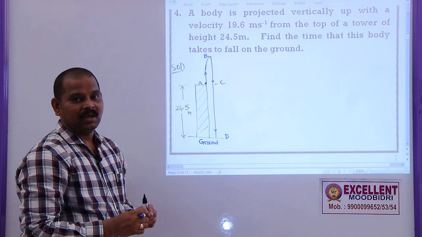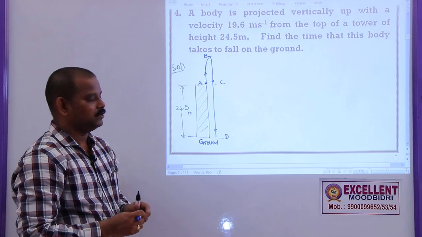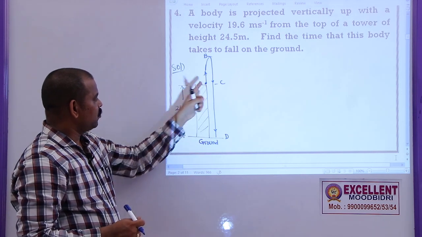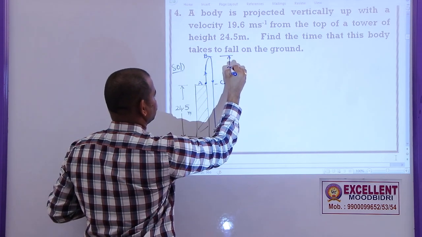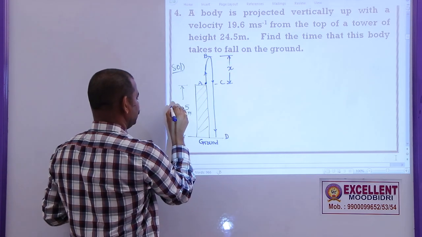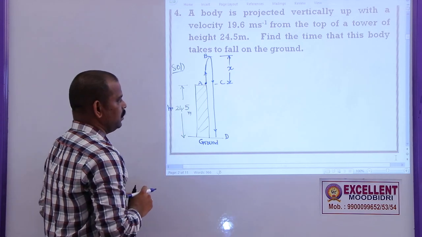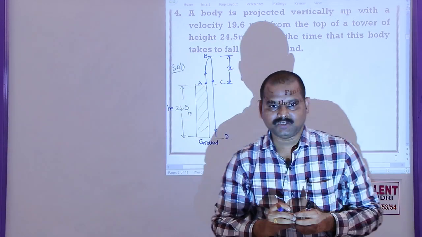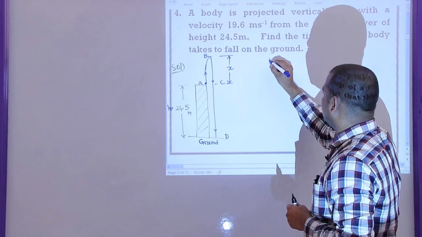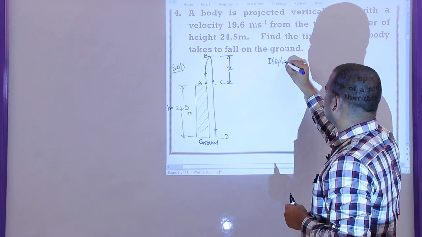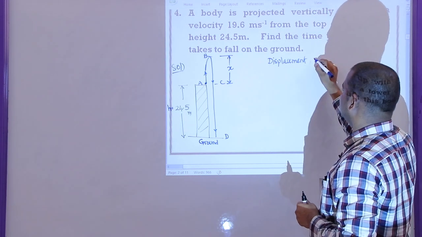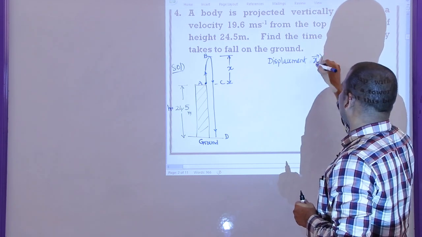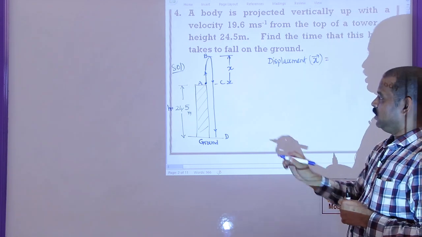So, what is the total displacement of this body? Total displacement is the final position minus initial position. Final position is D, initial position is A. Let me take this distance x, and this is the height of the tower h. So, the displacement, let me take displacement x bar.